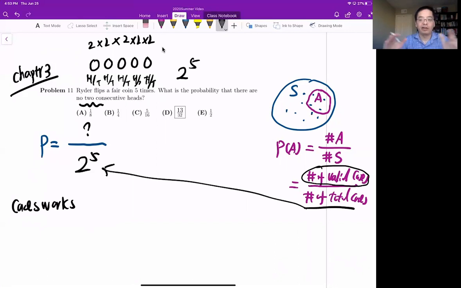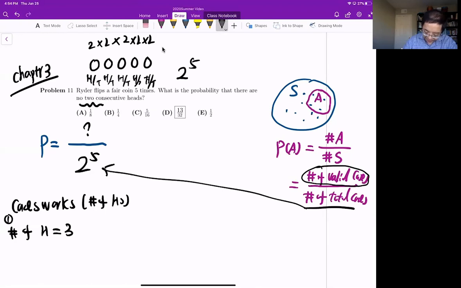Obviously, you cannot have 4 or more heads, because regardless of how you arrange them, there will be 2 consecutive heads. If the number of heads equals 3, the only arrangement is head, tail, head, tail, head. So there's only 1 valid.